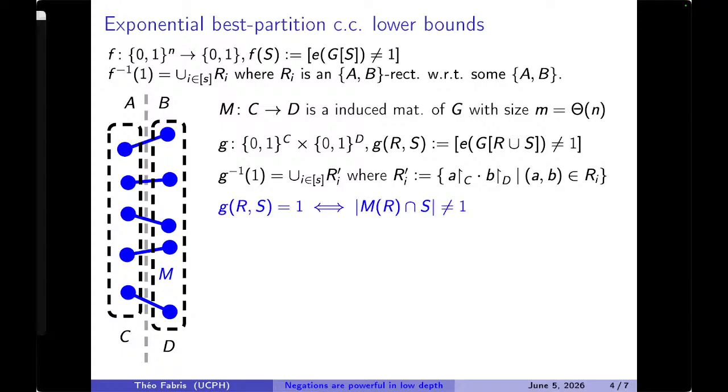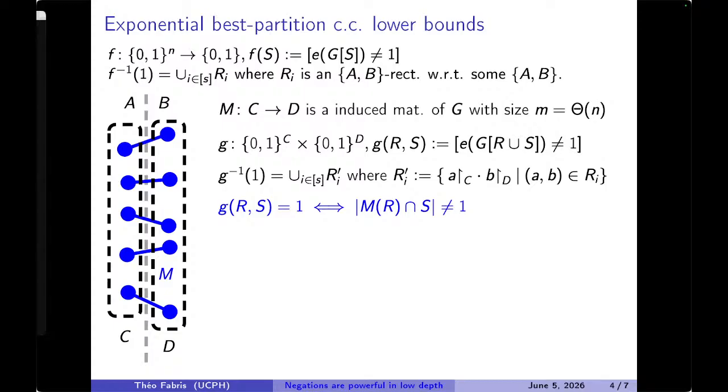The nice thing about this G is that it has a nice characterization of the set of ones. G of R and S is 1 if and only if the cardinality of the intersection of S with the image of R under this mapping is different from 1.